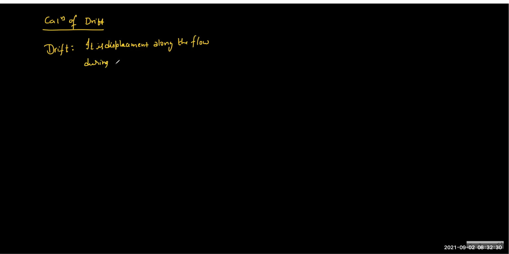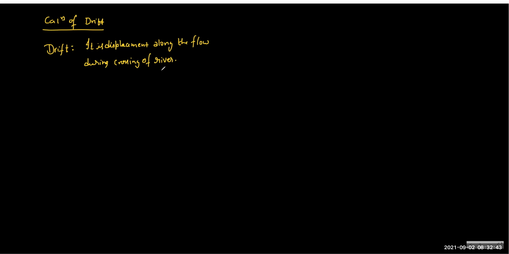So, calculation of drift. What is the definition of drift? It is the displacement along the flow during crossing of river.